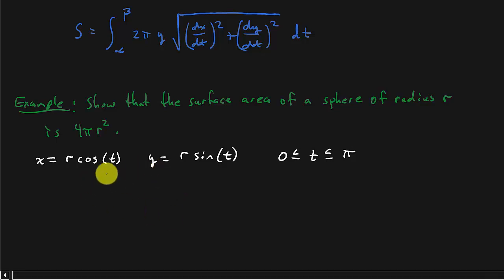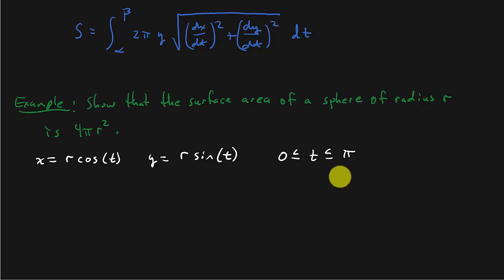I think we actually may have looked at the graph of this one. But we can take the semicircle and revolve it about the x-axis, and that will create a sphere. Okay, so going from 0 to pi, that's giving us a semicircle, and we're rotating that about the x-axis.